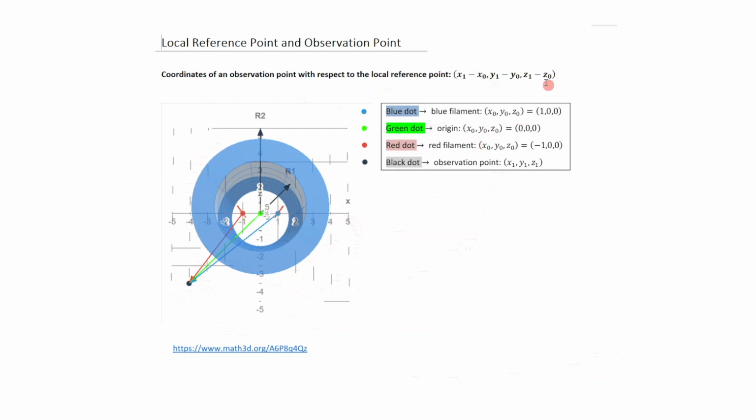The difference between those two gives you the relative position with respect to a given reference point. For instance, x0, y0, z0 for the blue filament is 1, 0, 0, for the cylindrical shell it is 0, 0, 0, and for the red filament it would be minus 1, 0, 0. Then you subtract these from the observation point, and this would be the information which is useful once we're trying to determine what to substitute.